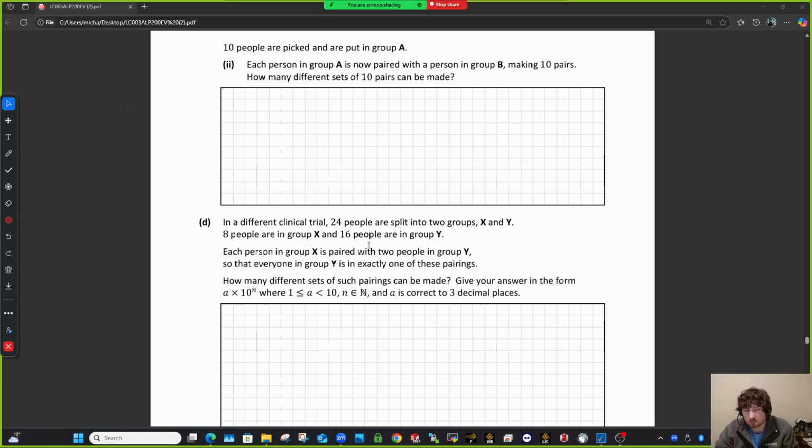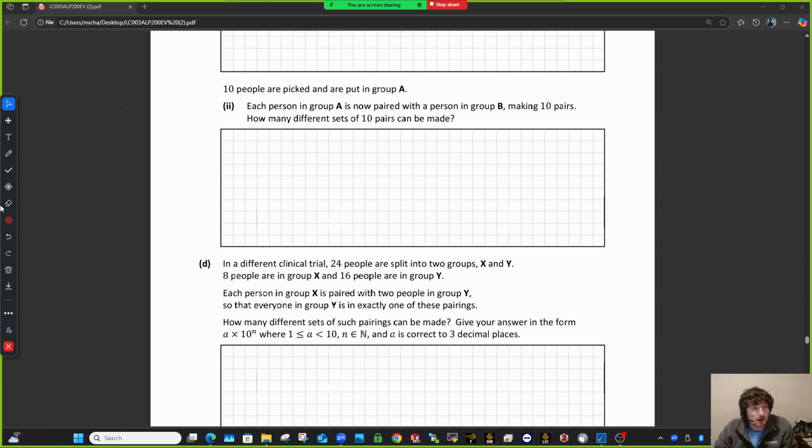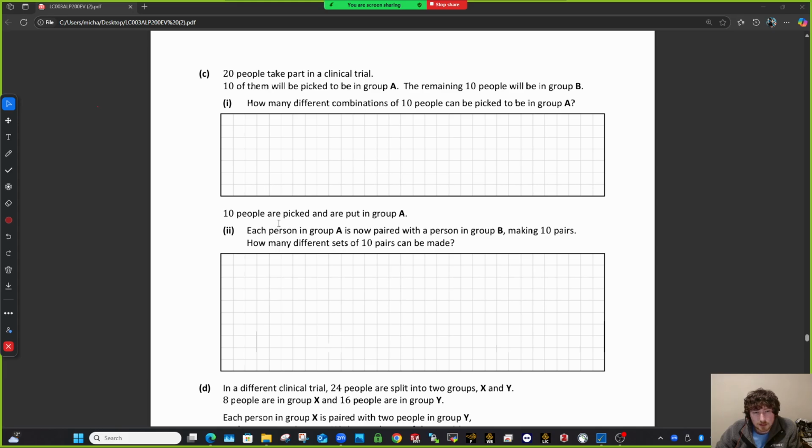Okay, so a common trap here would have been to think that we're just looking for the number of unique pairs. So 10 people are picked and put into group A, 10 people are put into group B. And these make 10 pairs, as you'd imagine, when you pair everyone up. How many different sets?